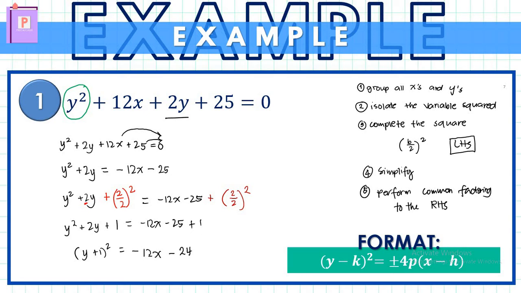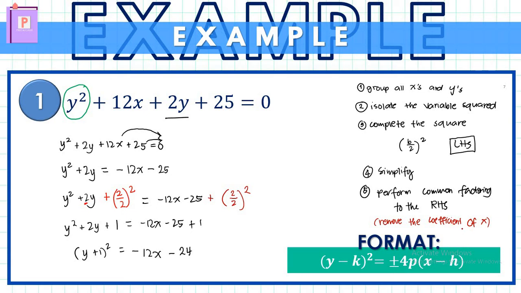So that will be finding the GCF between negative 12 and negative 24 because we want to perform common factoring on the right-hand side of the equation so that we can remove the coefficient of x.